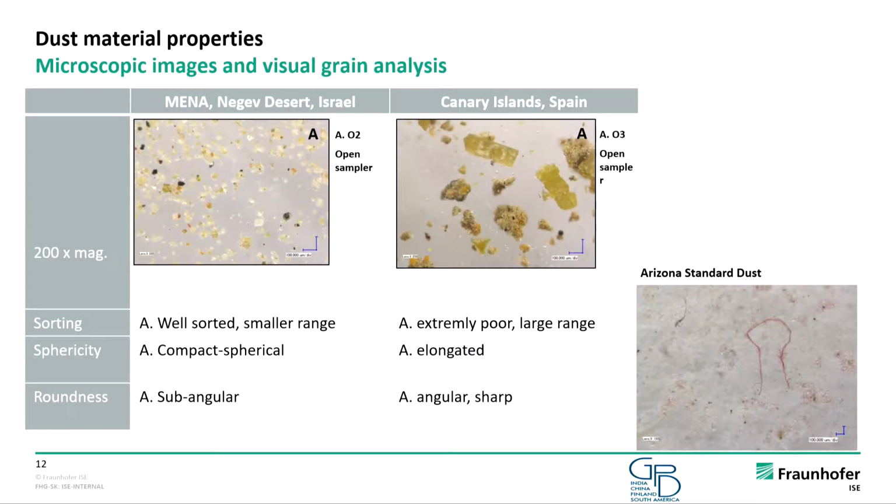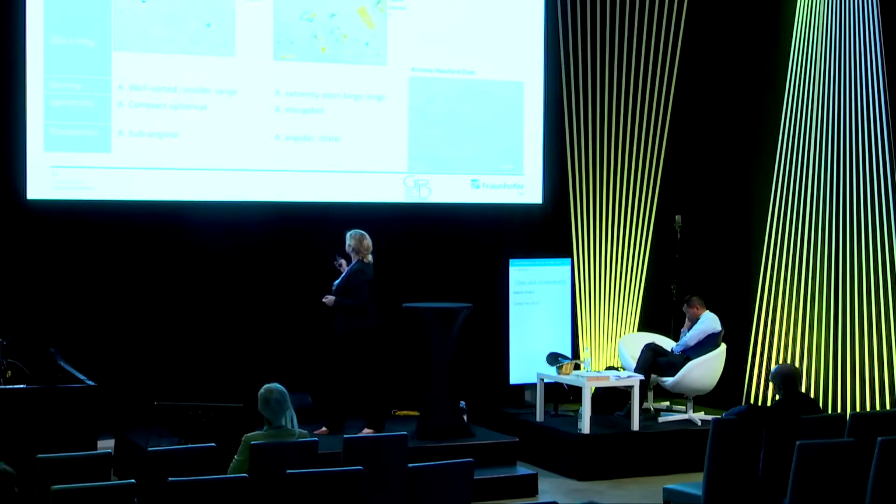If you take images by microscopy, you also see differences in the physical properties of dust. There are the parameters of sorting, sphericity, and roundness. Sorting means how well they are sorted, what range of dust particles I have in the same package. One of our dusts, the Negev Desert, is quite well sorted compared to the Canary Island dust, which has large particles but also smaller particles and really fine ones adhering to the large particles.